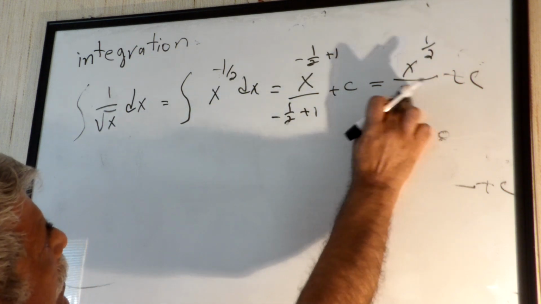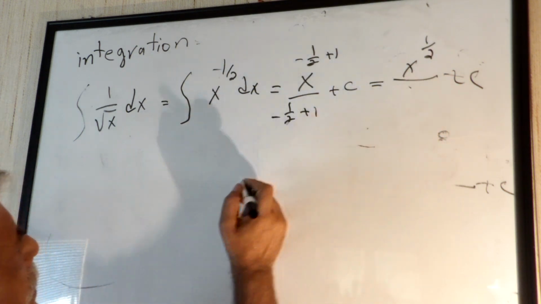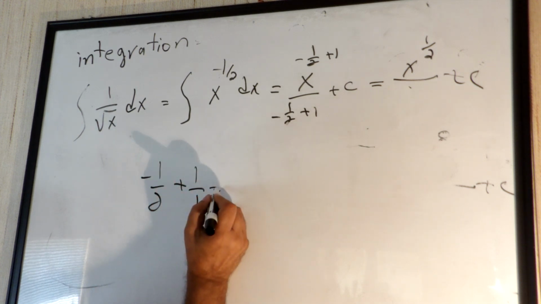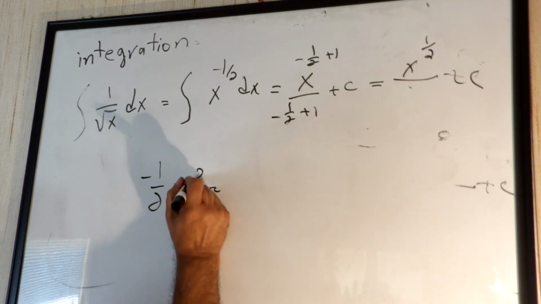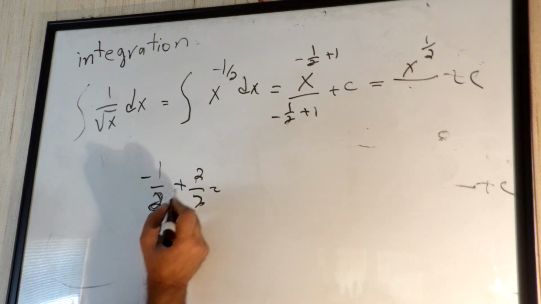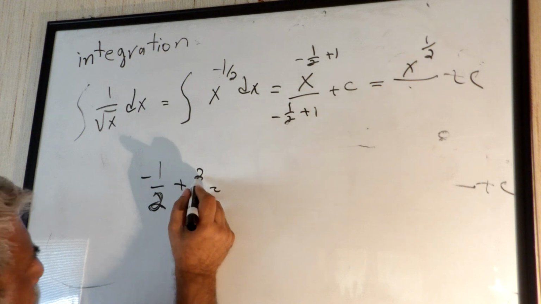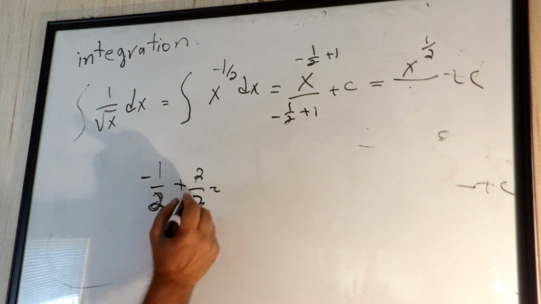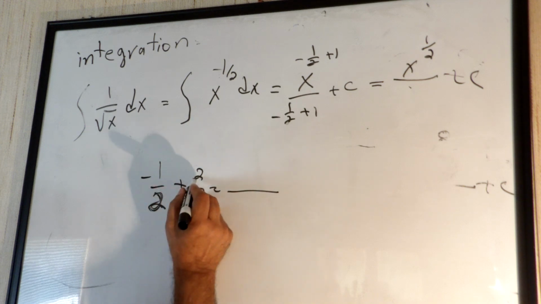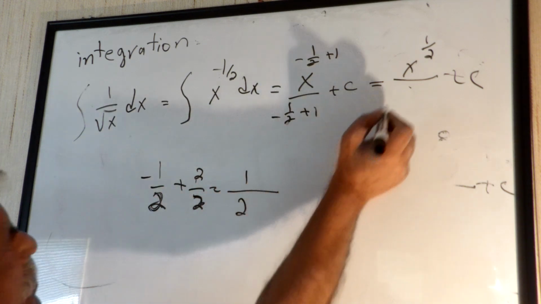See, minus 1 over 2 plus 1, we can write it as 2 over 2. Whatever the denominator is, we can write 1 as 2 over 2. It's the same as 1, okay? And then minus 2 plus 1 is going to be 1 over 2.